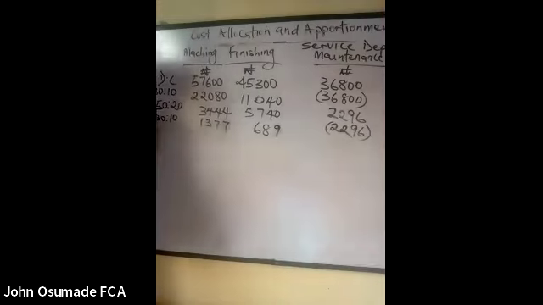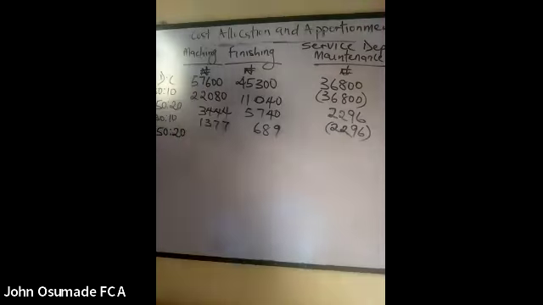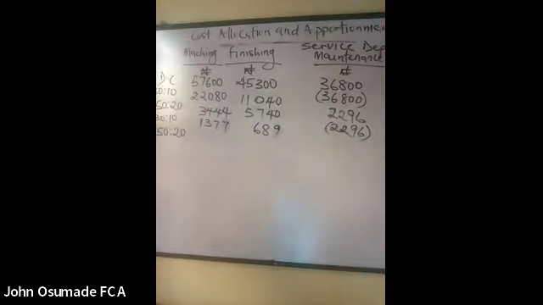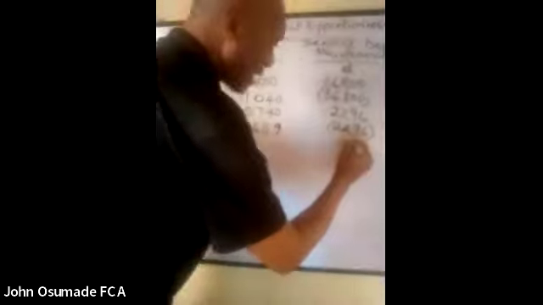That will be 30 ratio 50 ratio 20. 230, 20% of 230 will give us 46. I know that one.